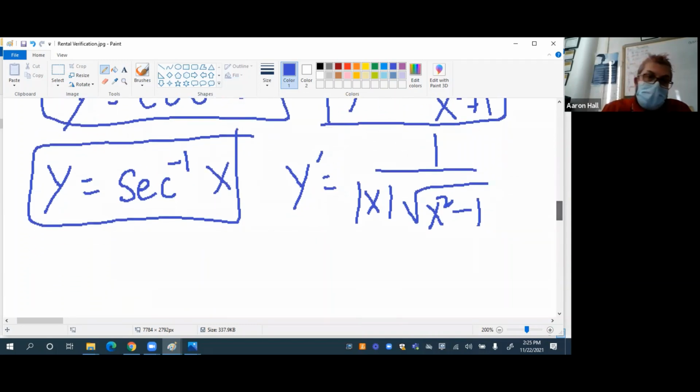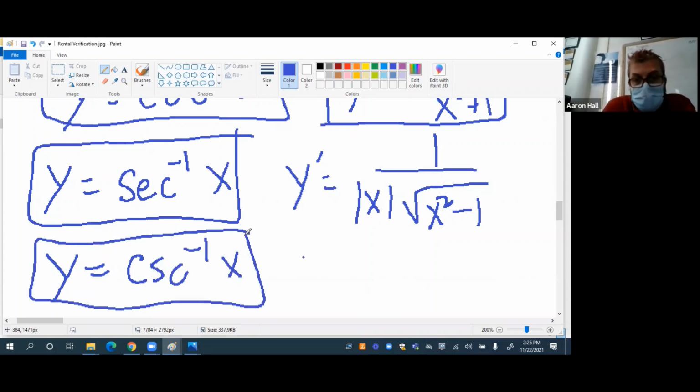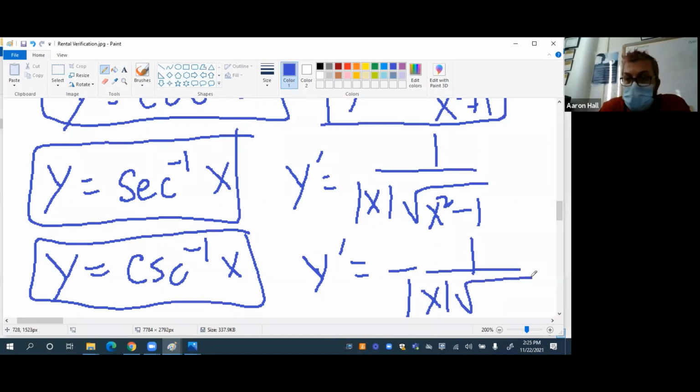Any guesses what the derivative of the inverse of cosecant is? Yeah, it's a co-function, so we're going to make it negative: 1 over the absolute value of x times the square root of x squared minus 1.